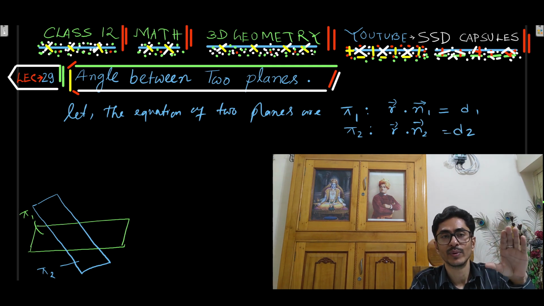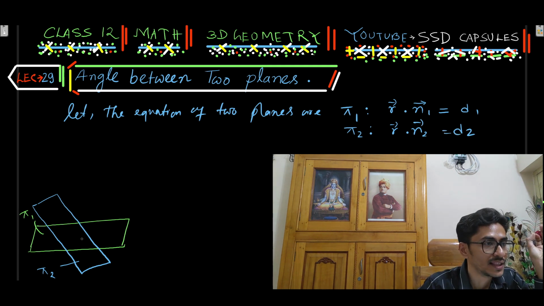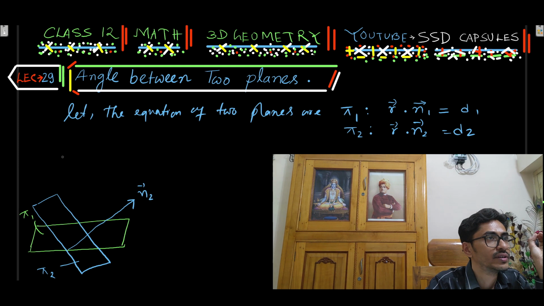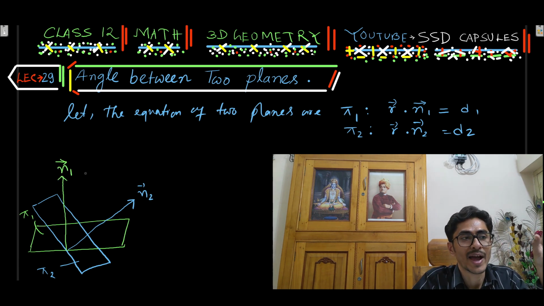So n1 vector and n2 vector are normal to the planes. At this common point I will draw the normals. This is pi 2, we draw the normal like this as n2 vector, and from this common point we will draw the normal vector n1 vector to the plane pi 1.